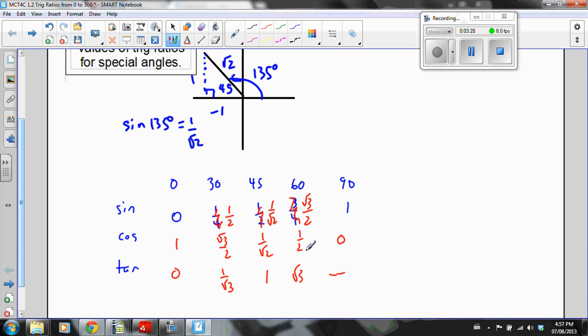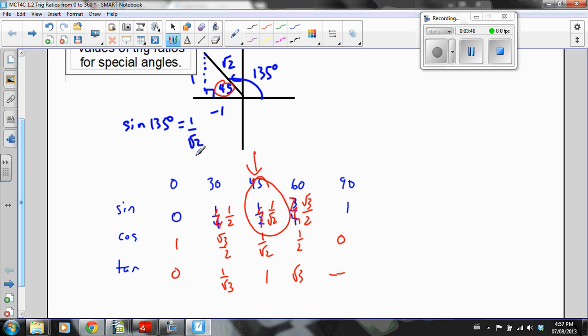We never use this chart much, but what I want to point out here is that our reference angle 45 was this line in the chart. Notice the sine of 135 ended up being this spot right there. What's strange is sometimes it'll end up being positive or negative.